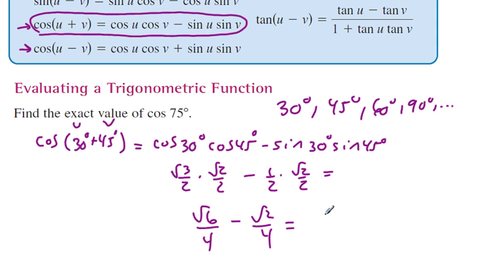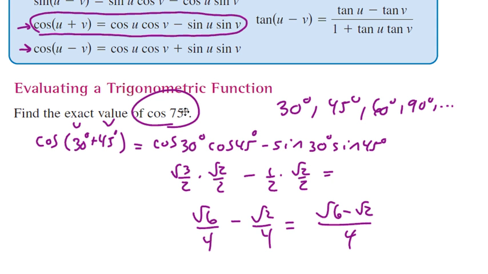So our final answer, we'll write it under one denominator: square root of 6 minus square root of 2, all over 4. What's really neat is you can check your answer by putting cosine of 75 degrees in your calculator, which gives you a decimal answer. Make sure your calculator is in degrees.